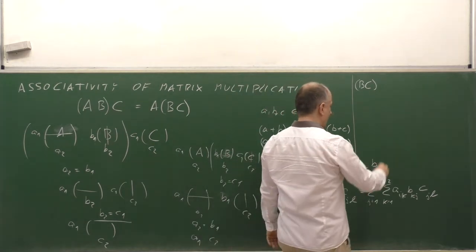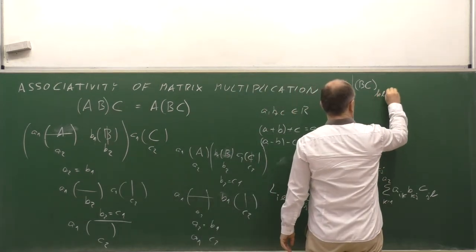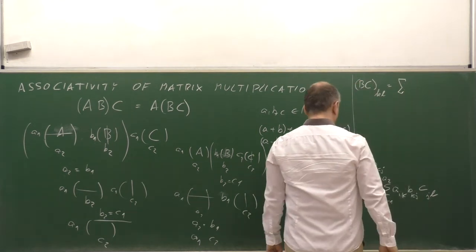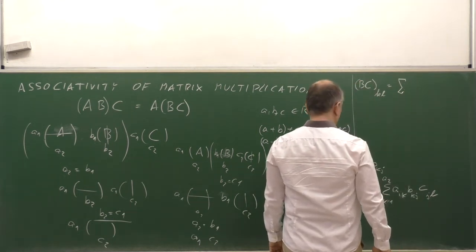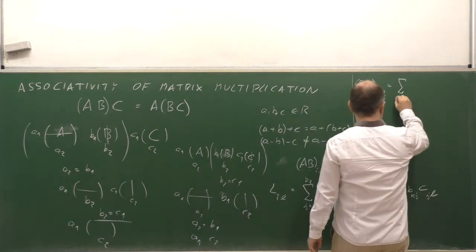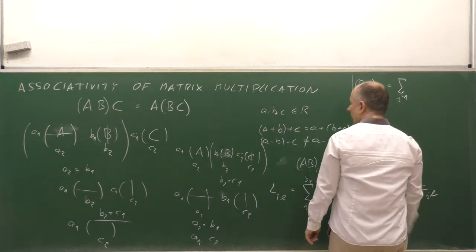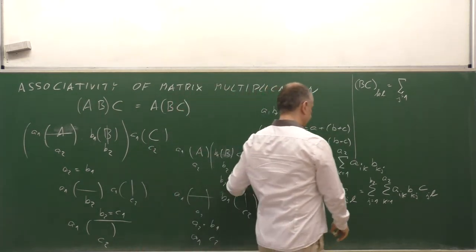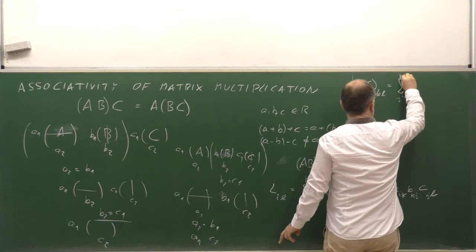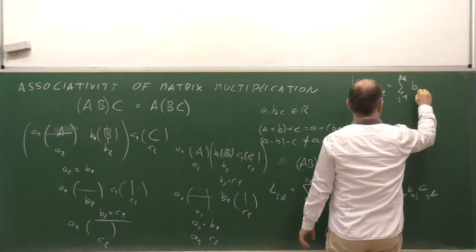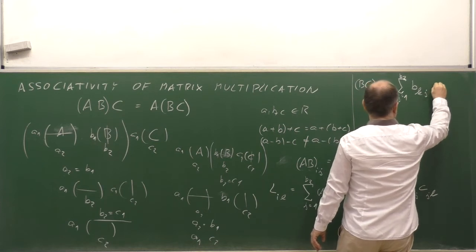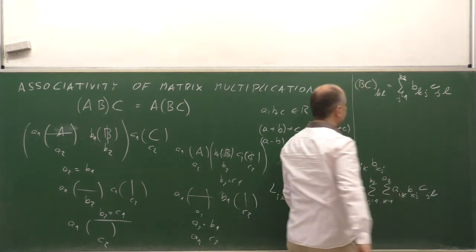And its kl element will be the sum for j running from 1 to B2 of B_kj C_jl.